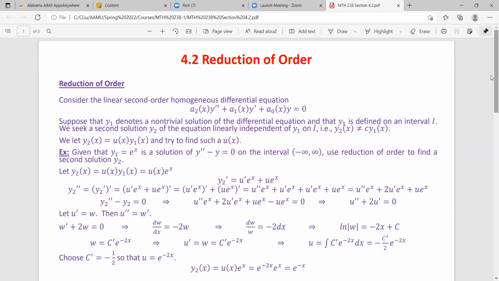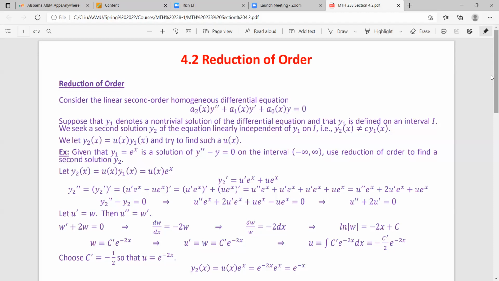So then we get u double prime e to the x plus 2u prime e to the x plus u times e to the x from y2 double prime, minus u times e to the x, which is y2. So you can see the last term cancels. So what is left is just u double prime e to the x plus 2u prime e to the x. And then we can divide by e to the x on both sides. So that gives us u double prime plus 2u prime equal to 0.